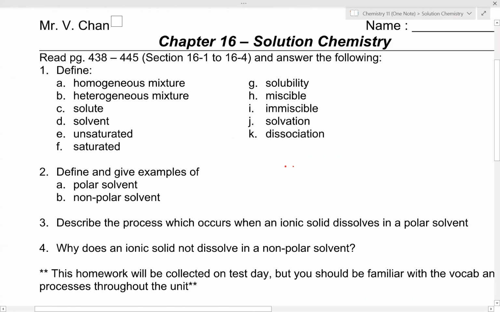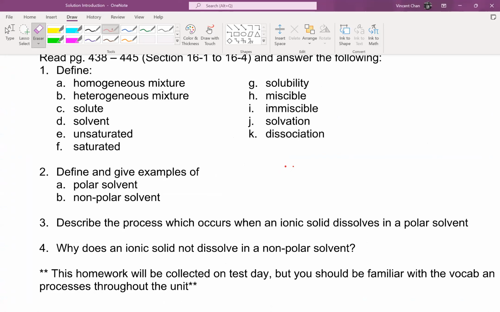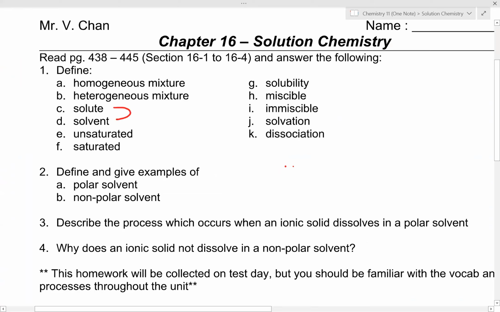you to be aware of is when you're doing the definitions, please make sure you know the difference between solute and solvent. Okay, and the other thing that you should be aware of is the definition of solvation versus dissociation.